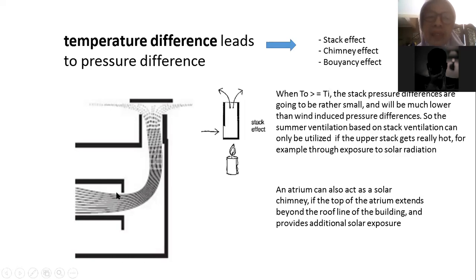That means we cannot perceive the movement, just the rising up flow, but we cannot perceive it. So the summer ventilation based on stack ventilation can only be utilized if the upper stack, the upper side, gets really hot.